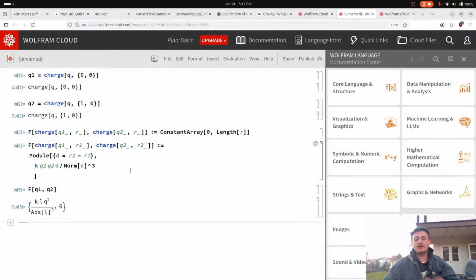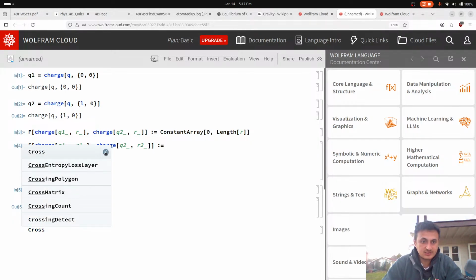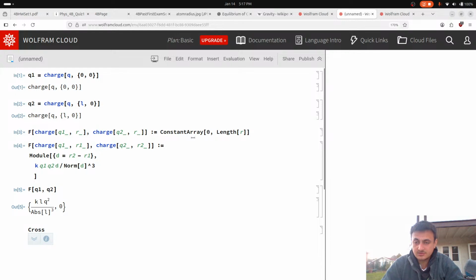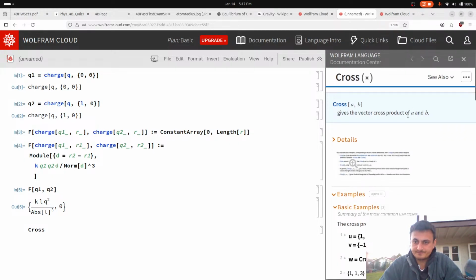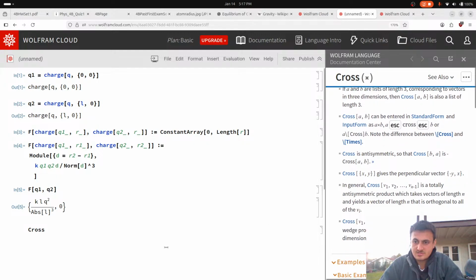So now if I do cross, is this going to be the cross product, or is it going to be something weird? Evidently, it's nothing. There we go. All right, so if I do cross of 0, 1, 0 and 0, 0, 1, like we just did, we should get 1, 0, 0.